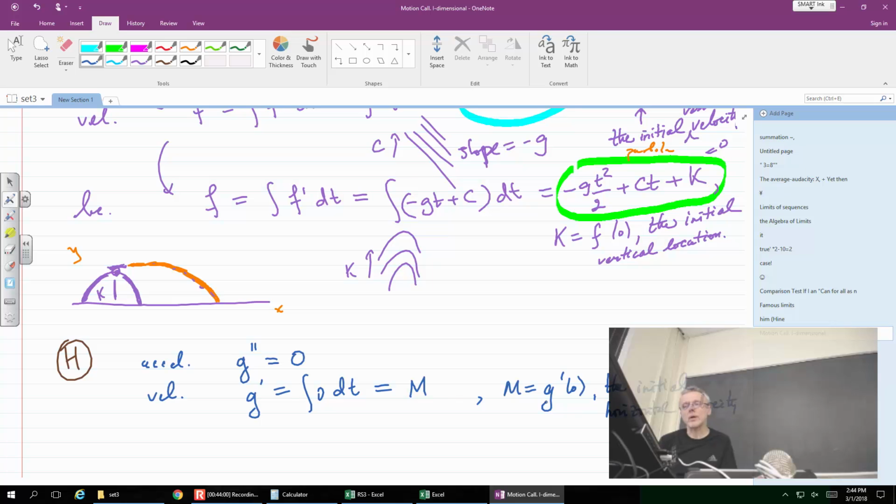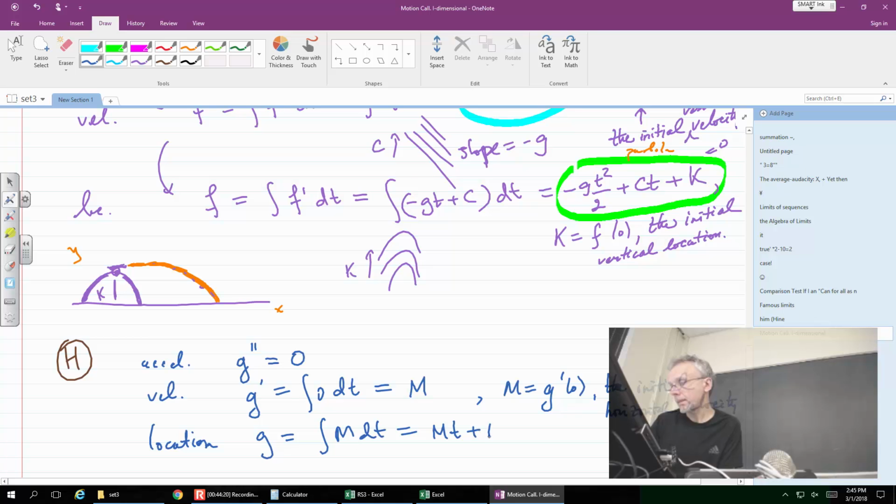There is no vertical component to our shot, but the whole thing goes into horizontal velocity. And then we got location, and we know that when we integrate a constant function, it's going to be linear. So n, once again, is a constant.